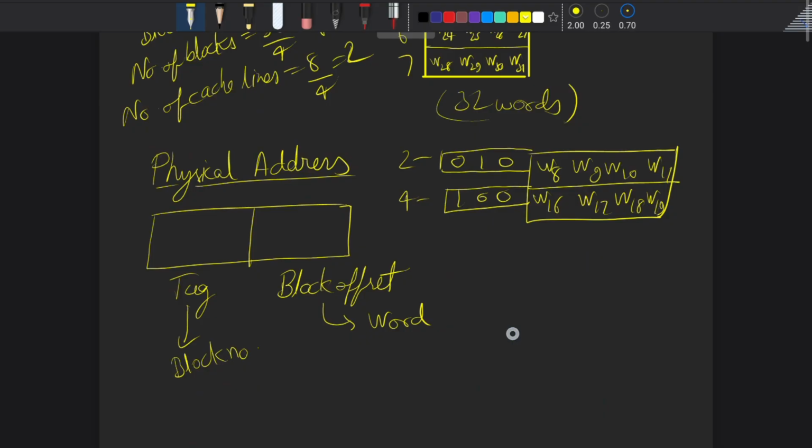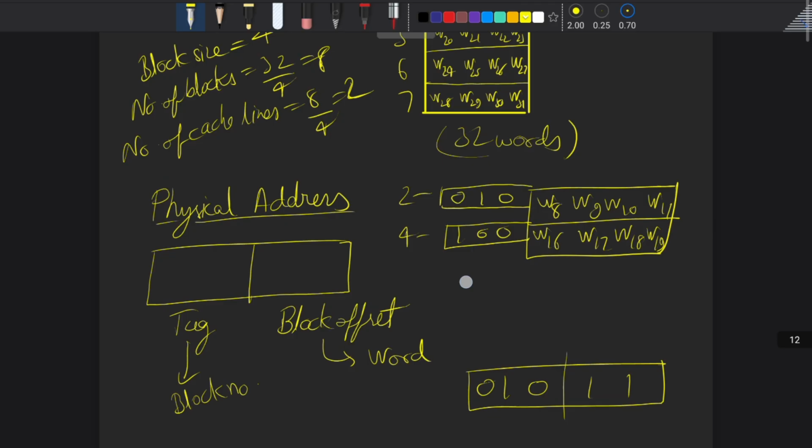Now we will see how we determine if it is a cache hit or cache miss. Let's say the CPU looks for the physical address 01011. We will divide this in two parts. You must be wondering how I decided how many bits the tag has and how many bits the block offset has.